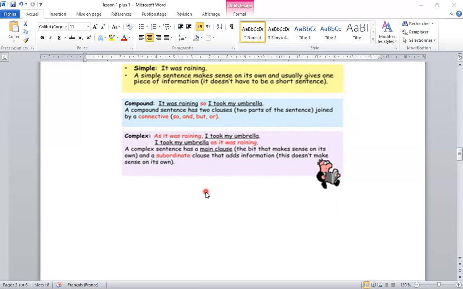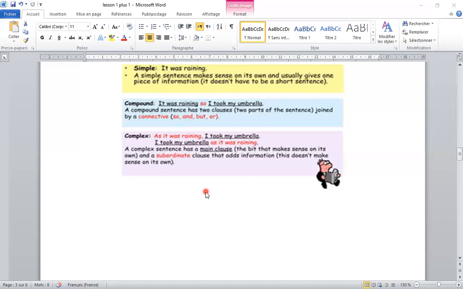So the main idea here, which makes sense, is I took my umbrella. This is what matters. As it was raining is a kind of subordinate. So here's a complex sentence, it has a main clause, the bit that makes sense on its own. So the main clause is a sentence that makes sense on its own.